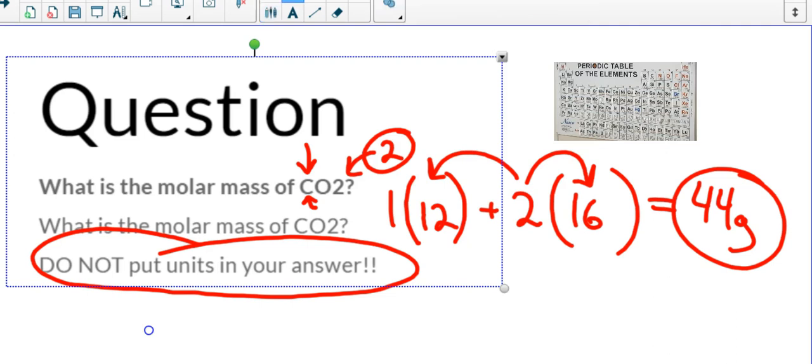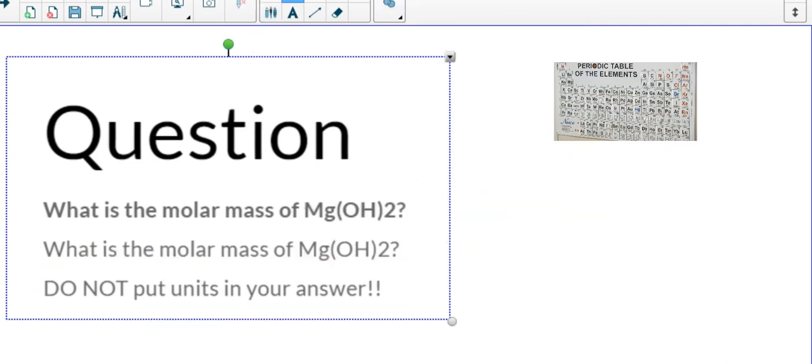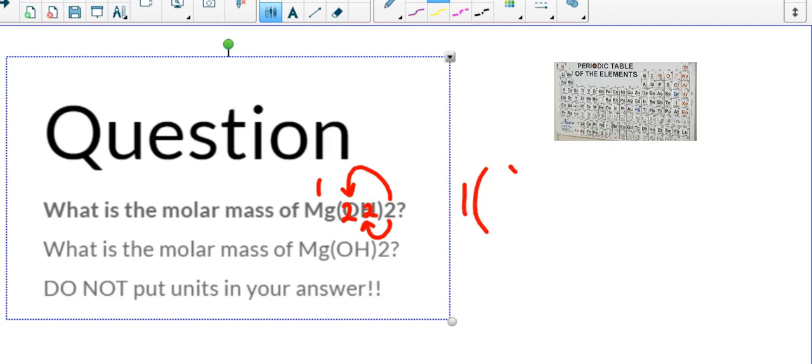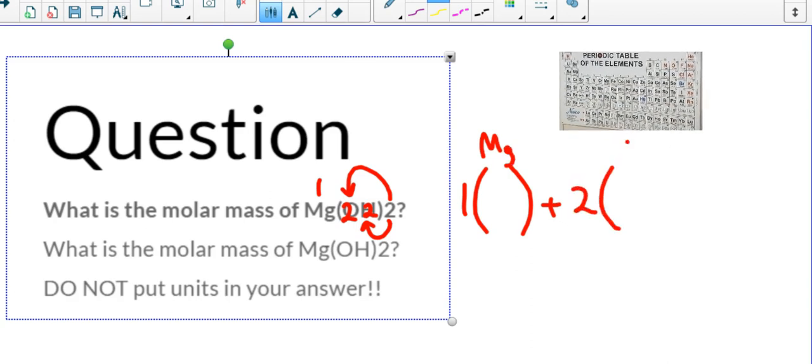All right, the next one, Mg(OH)2. You need to know that this 2 applies to both things inside the parentheses. So there's 1 Mg, 2 O's, 2 H's. Let's do the same thing. I have 1 Mg plus 2 O's plus 2 H's.